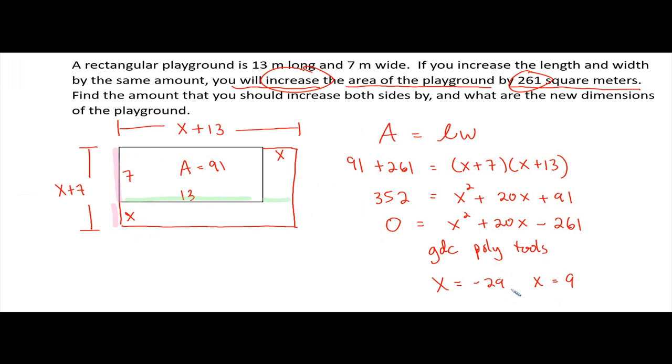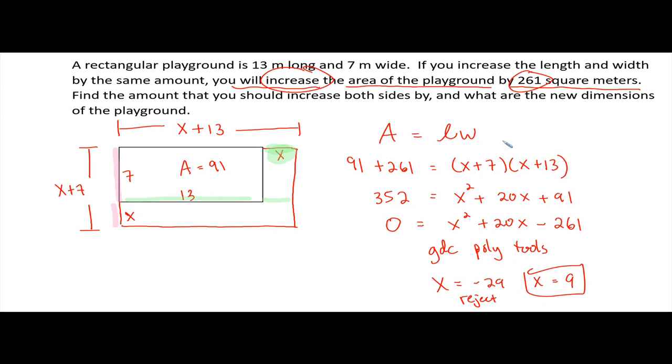Now you need to think, do your answers make sense? x represents this length amount right here, so this length cannot be negative 29. A length cannot be negative. So this doesn't make sense, so we reject this answer. Make sure you say that you reject this. So you know that x should equal 9, okay?